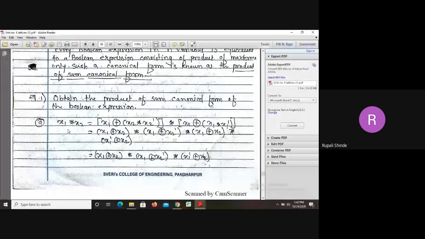Because just two variables are here, x1 and x2, it will not take much time. Again, you can use either the star operation or AND operation or XOR operation or OR operation. Out of these symbols, you can use any two.